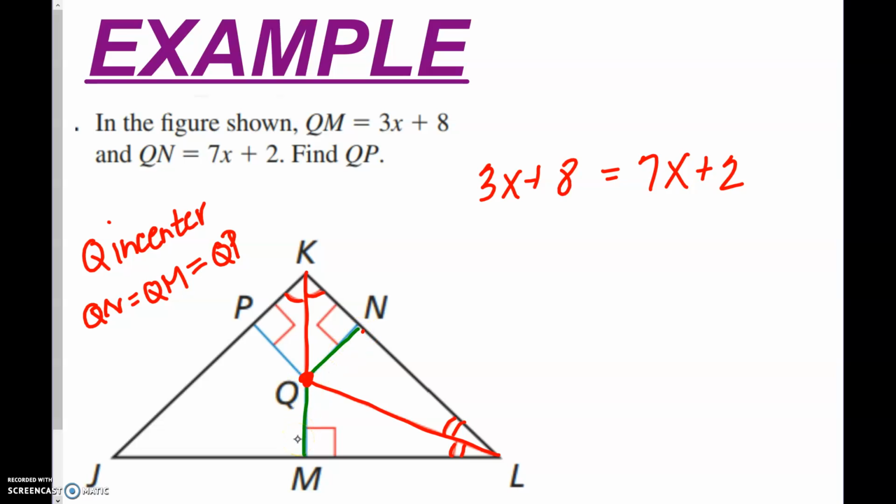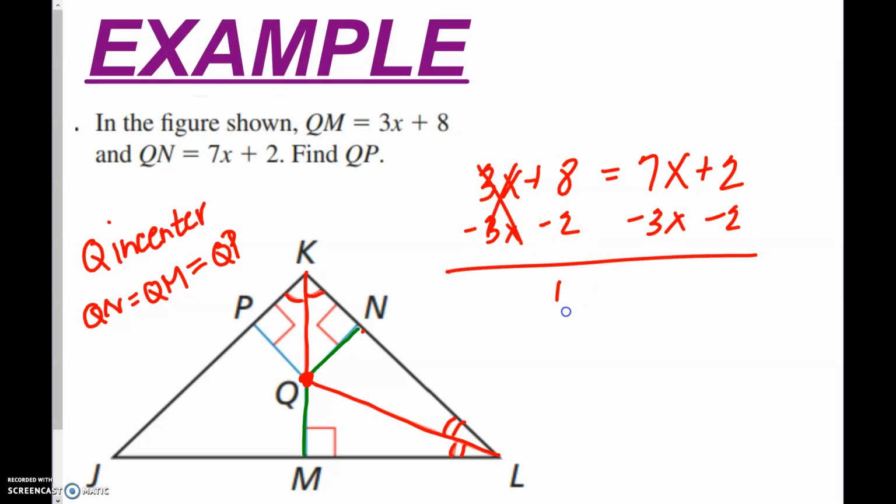So I'm going to subtract 3x, and I'm going to subtract 2. These cancel. 8 minus 2 is 6. 7x minus 3x is 4x. So now I am going to divide each side by 4. Looks like I'm going to get 3 over 2, or 1.5 for x.